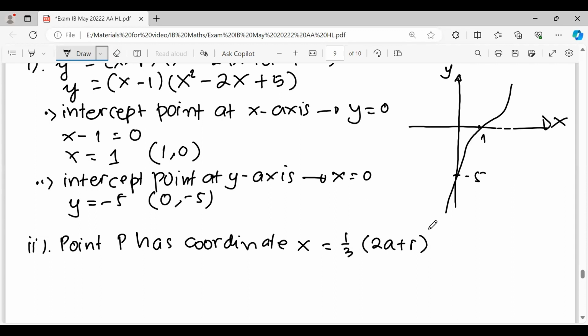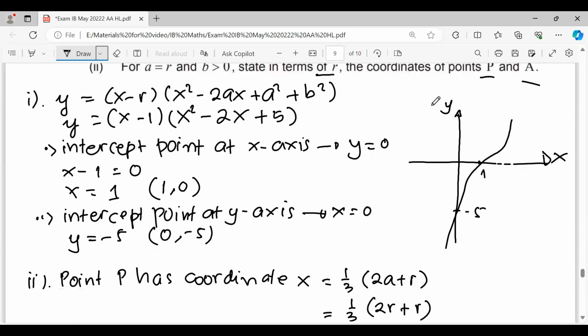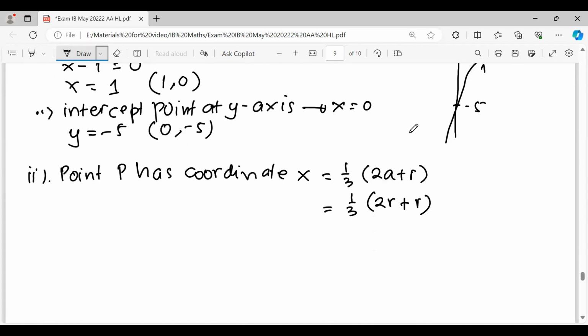Okay. It is 1/3 times (2r plus r), because a equals r. So it is 1/3 times 3r, which equals r. So x equals r. If x equals r, we're going to find y.